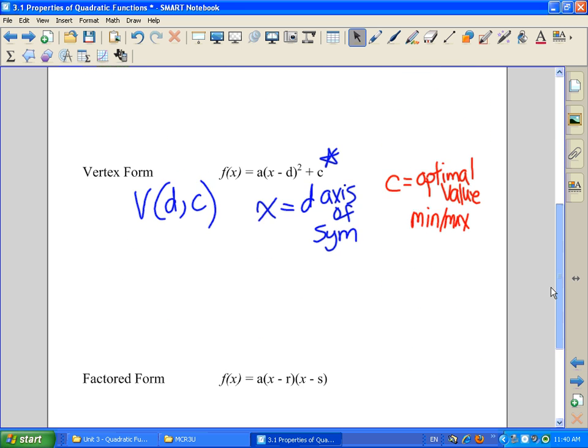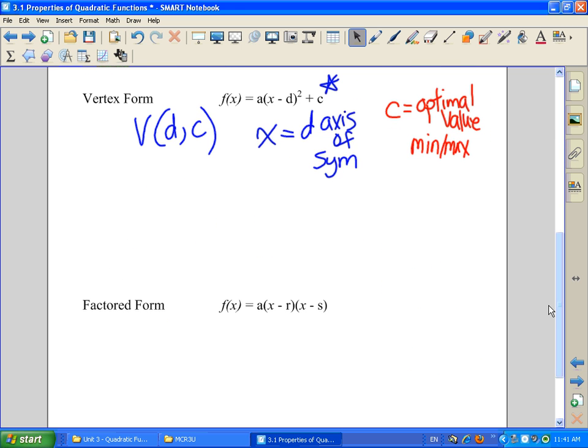All right, now ladies and gentlemen, this is the formula that our textbook uses this year for factored form. You may be familiar with the one that we reviewed last year, where it's x minus s and x minus t.